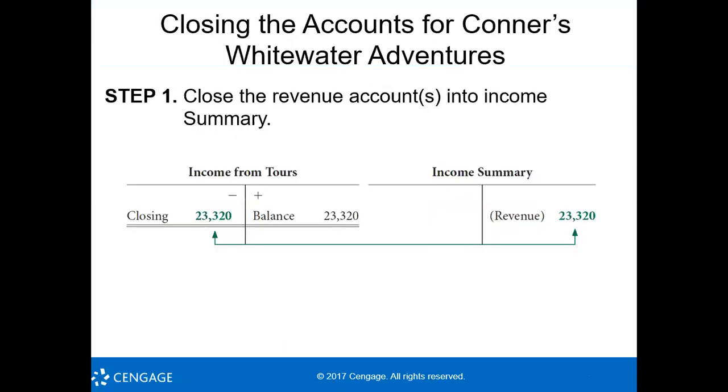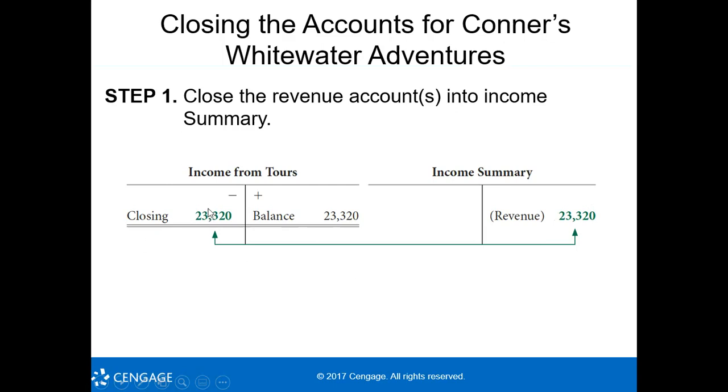All right, so here's an example of closing the revenue account. Again, we want to use this income summary account. Income summary is just a temporary account that we use to transfer income to owner's capital. So if we have income from tours or revenue of $23,320 that has a credit balance, we're going to debit the revenue account, credit income summary is what that one would look like, right?